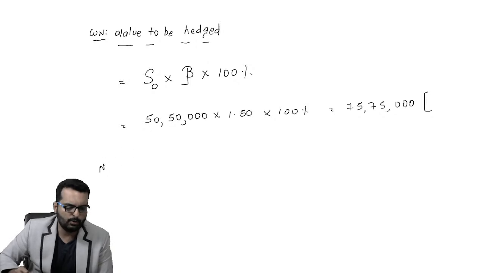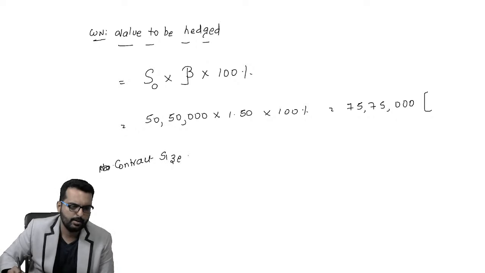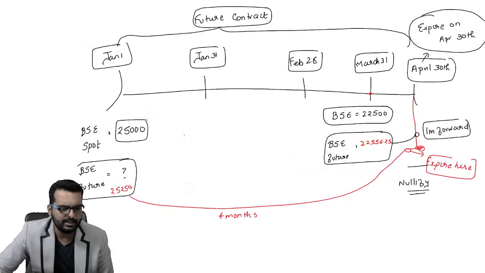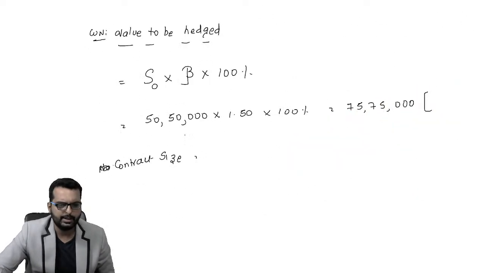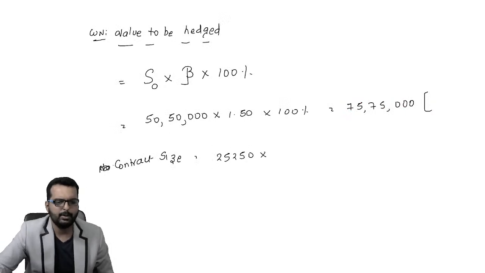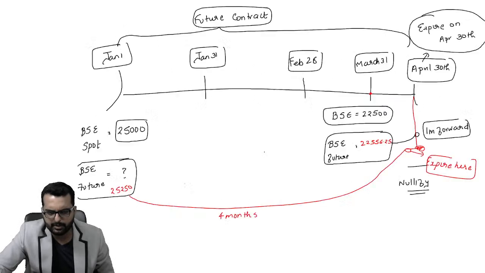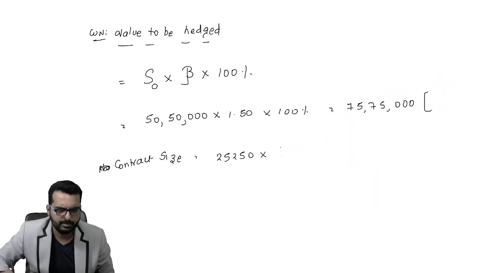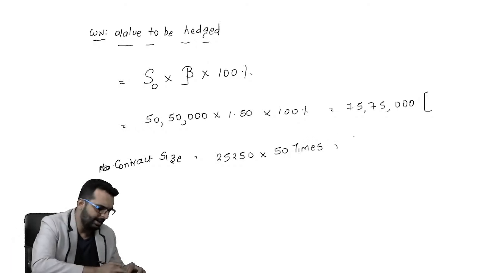But I need to find out the contract size also. So the value of one contract, I think we got the answer as how much? 25,250, correct? Multiplied by what is the multiple that is given in the question? 50 times. So 25,250 is the value of one.